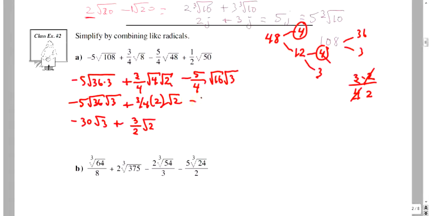And I got 5/4. What's the square root of 16? What's 5/4 times 4? Yeah, what's 4 divided by 4? It's gone. That's -5 root 3.